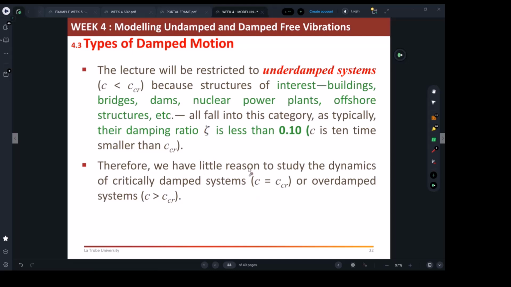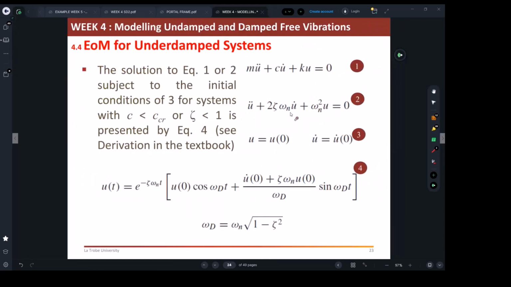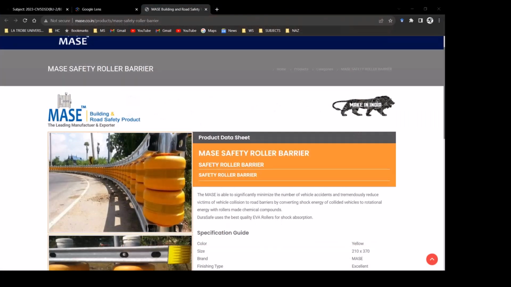Therefore, we will have little reason to study dynamics for critically damped systems or over-damped systems. We won't be studying these situations because it's not something we will practice in real situations, unless you're going to be working as a traffic engineer and want to design these things here.